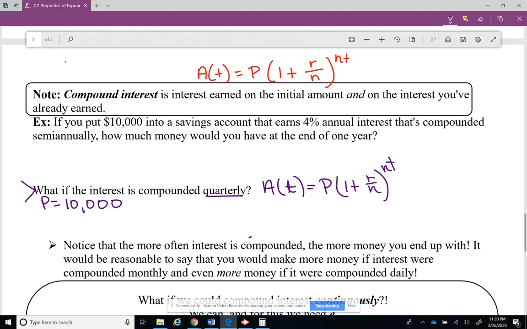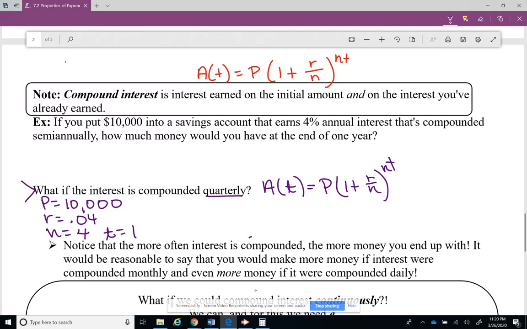So let's write that. All right, well, what's our rate? Well, our rate's still the same thing. It's still 0.04. That didn't change. N is what changed. The number of times it's going to be compounded quarterly. How many quarters are in a dollar? 4. So that's 4 times a year. And we're still going to say the time is 1 year because they didn't say that changed.